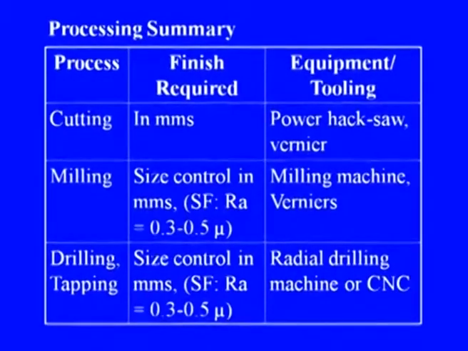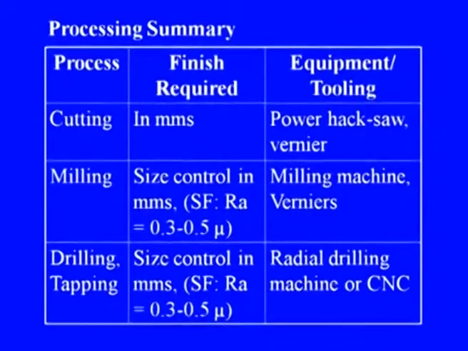Let us now see the processing summary for the above product. Here the processes are cutting, milling, drilling, tapping, etc. In cutting, the finish required is in millimeters, and the equipment or tooling required are power hacksaw and vernier.